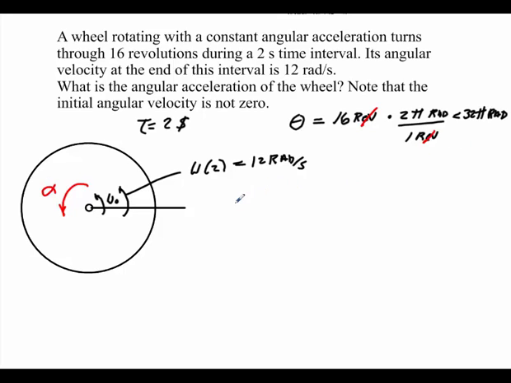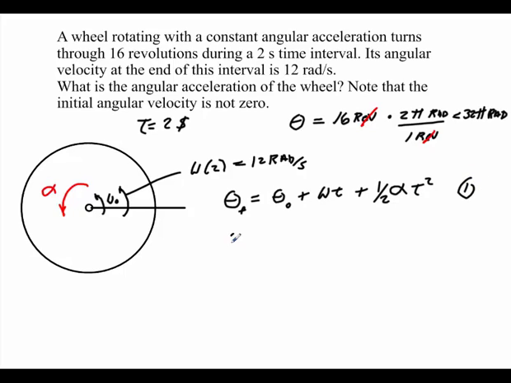Alright, so let's go ahead and write down our equations and we'll be able to solve this. Our angular final position is equal to our initial position, naught, plus our angular velocity times t, plus 1/2 times our angular acceleration times t squared. That's going to be our first equation.